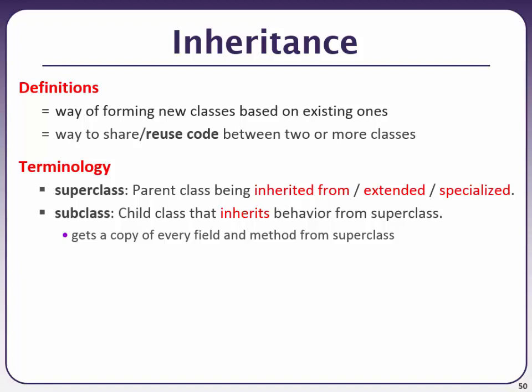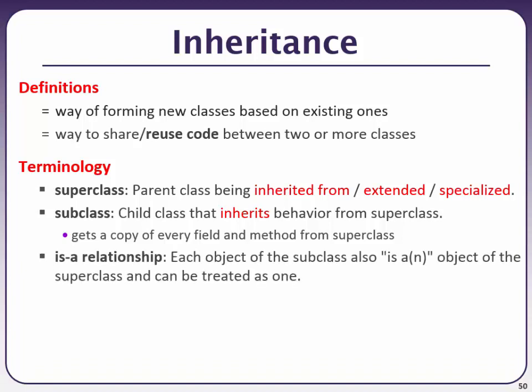Another way to look at this that is equivalent is to say that there is also an is-a relationship. So what does that mean? Well, when you talk about a secretary object, which is of class secretary, you can say that it is a form of employee object.